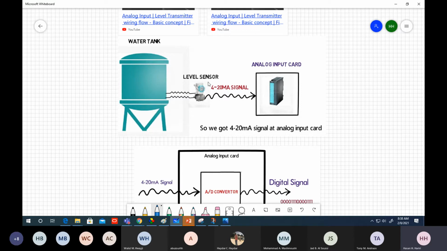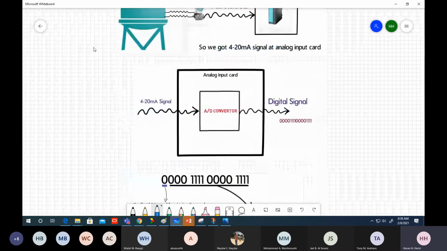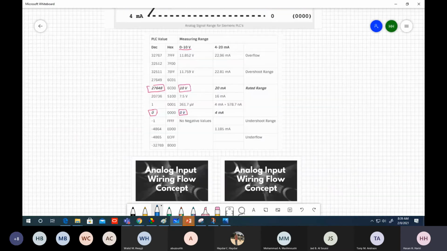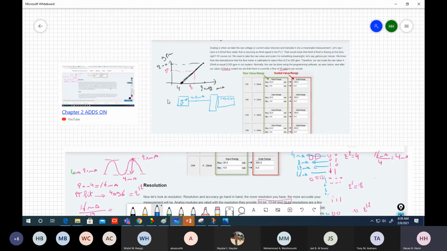So the level sensor, assuming in this situation it's an analog sensor, it may give you voltage output or current output. In this scenario it is giving me current output, so it gives me a 4 to 20 milliampere signal, and this 4 to 20 milliampere should be relative to some level meter, maybe a gallon per meter or some other unit.